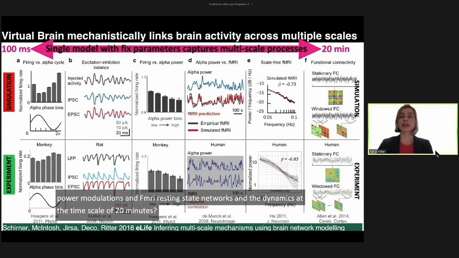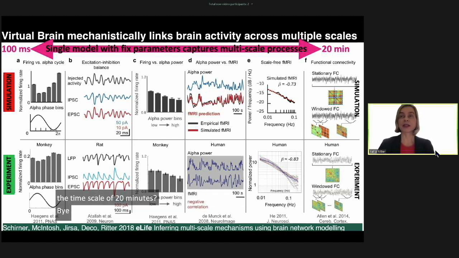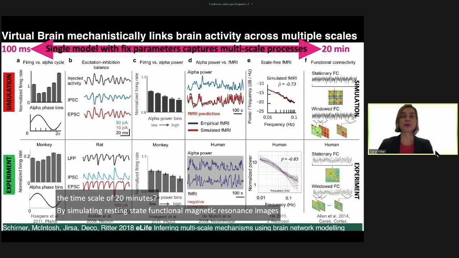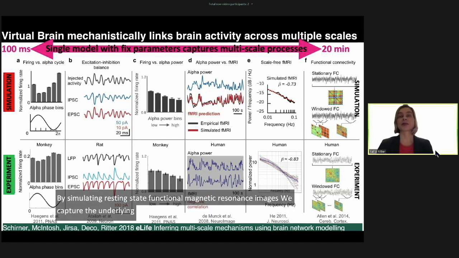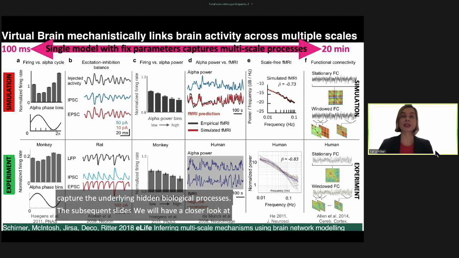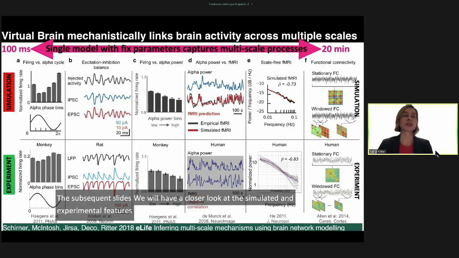By simulating resting state functional magnetic resonance images, we capture the underlying hidden biological processes. In the subsequent slides, we will have a closer look at the simulated and experimental features listed here in the summary figure.